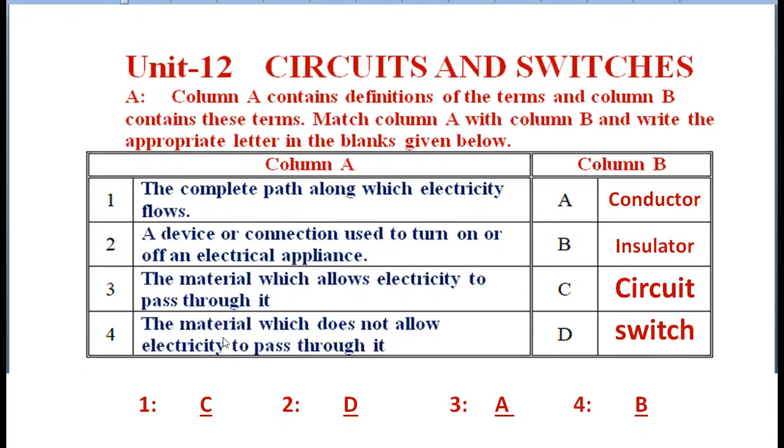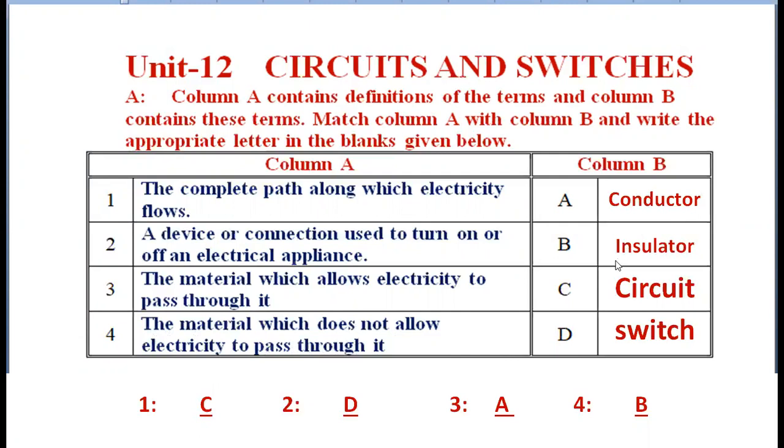Number 3, the material which allows electricity to pass through is called conductor. Number 3 answer is A. Number 4, the material which does not allow electricity to pass through is called insulator.